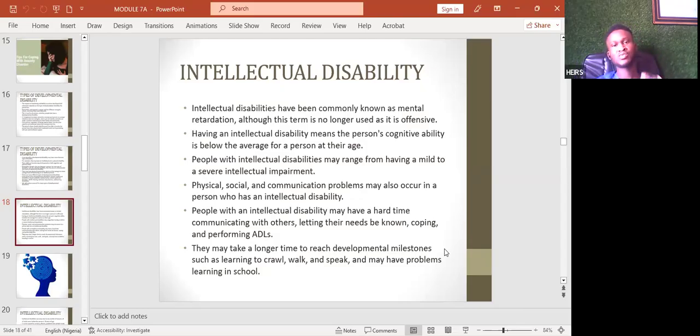So intellectually, children of this age have improved even beyond the previous generation. So the inability to cognize something, when a person's cognitive ability is below average, that means it's below the normal, below expected. We say the person has an intellectual disability. A child of 10 years old who cannot read fluently, is that intellectual disability?